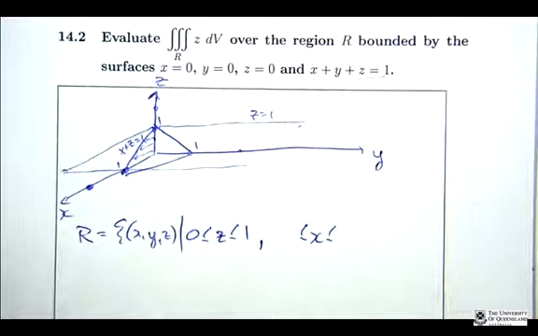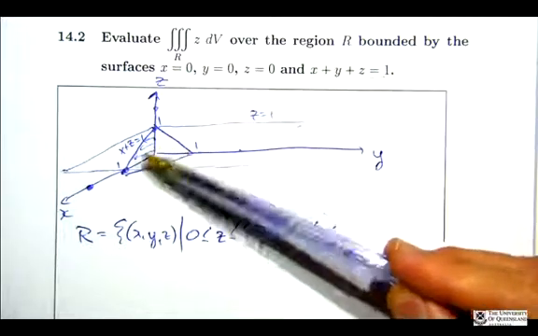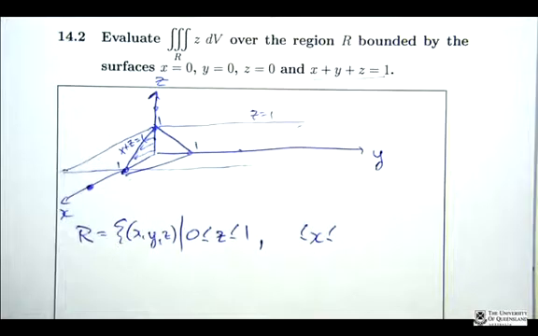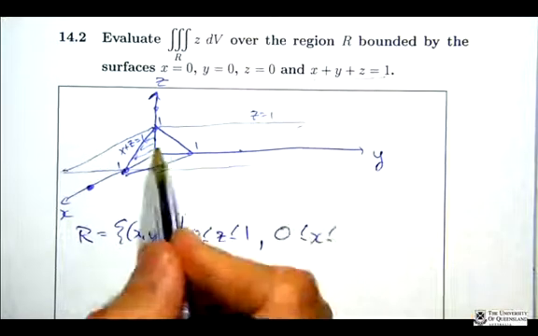Given any value of z between 0 and 1, what I'm looking for are bounds for x, so I'm just looking in the xz plane here. What I've drawn are these horizontal lines, lines parallel to the x-axis that lie in the xz plane, which allow me to see that the lower bound for x is going to be 0.